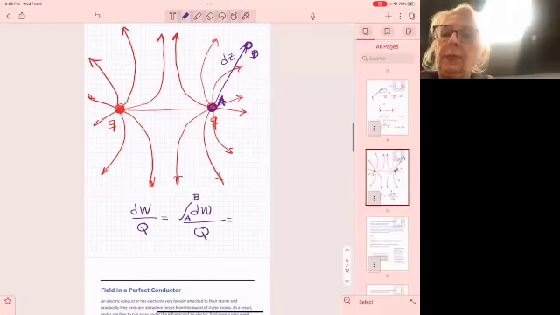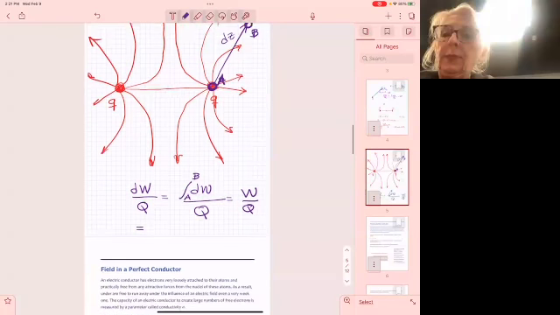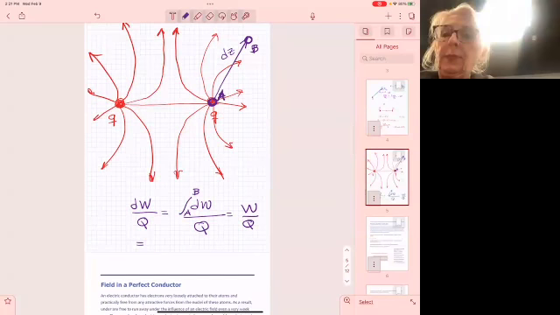How much work I put in now to move this charge is related to the force that is exerted between the two charges. And of course the force changes every time I move it along. So this is a function of the electric field that I have to integrate from point A to point B, all right?